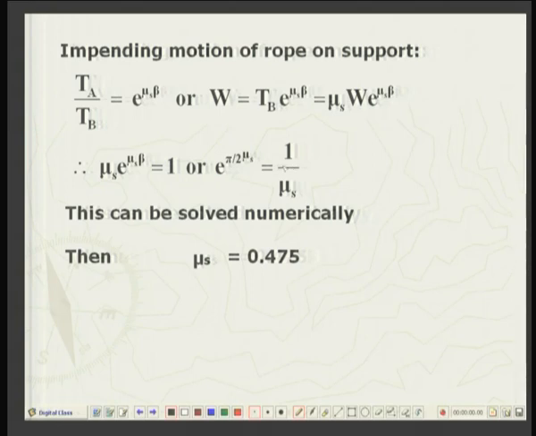This equation can be solved numerically. There is no closed form solution. So, solving it, we find that the coefficient of static friction comes out to be 0.475, right. Otherwise the slip will take place. If the coefficient of friction is less than that, the slip will take place.